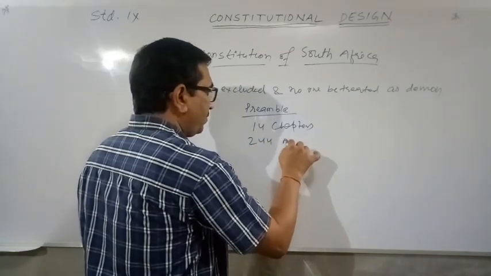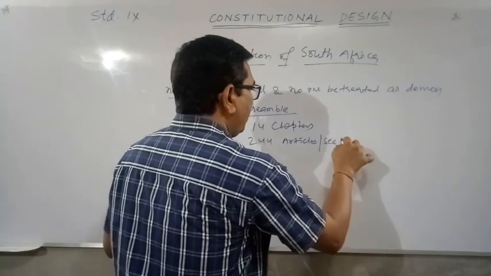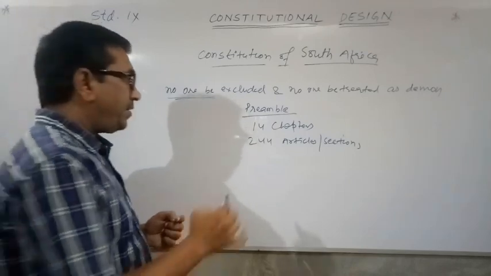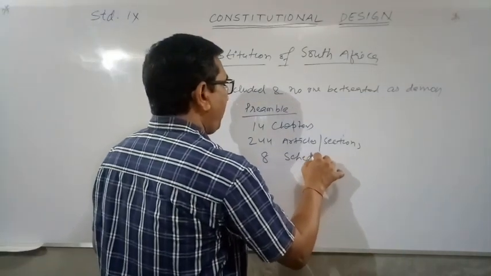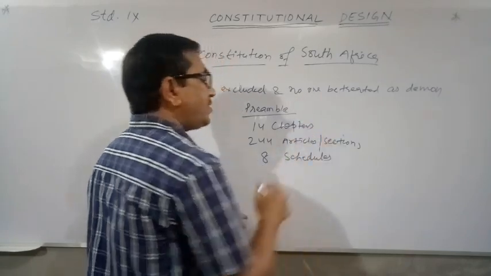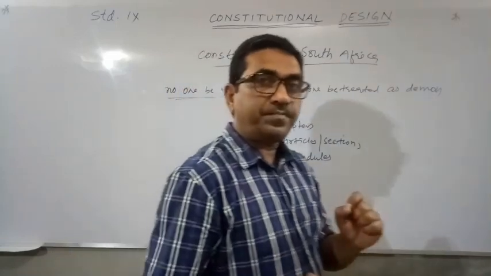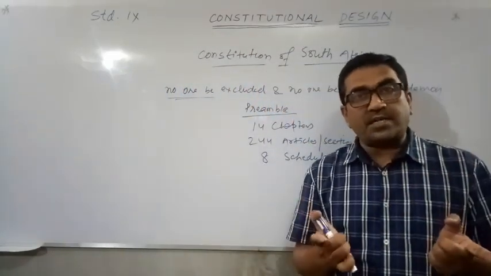It has 244 articles or sections, and it had 8 schedules. The Constitution of South Africa starts with a preamble. All the constitutions start with preambles.